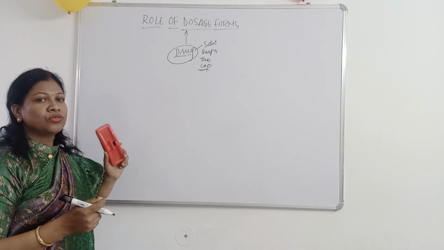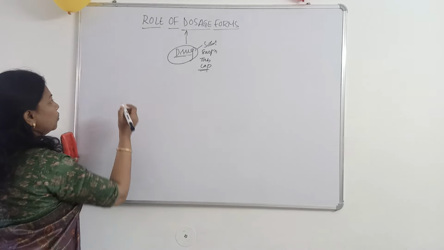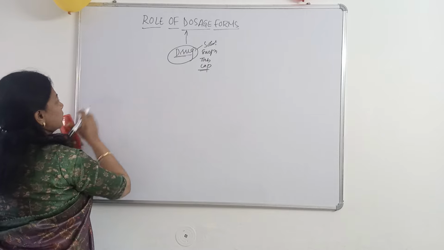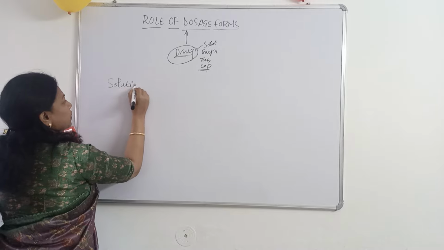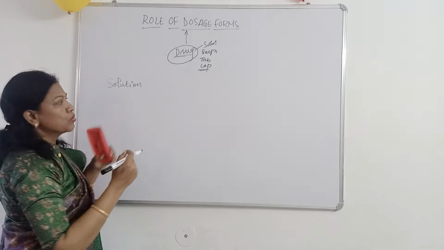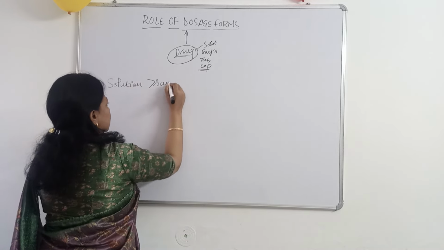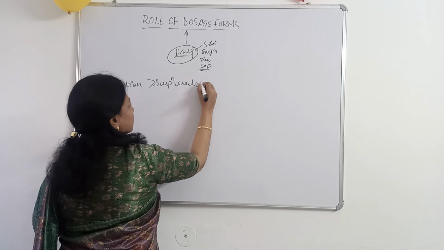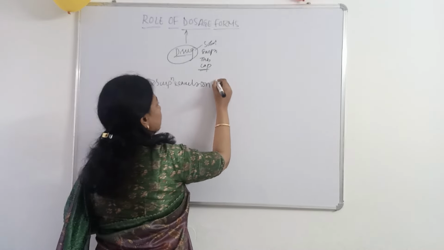Now how do dosage forms affect the oral drug absorption? The bioavailability is arranged in decreasing order in the case of dosage form. The maximum bioavailability will be achieved for the solution dosage form, then for suspension and emulsion. This is in the decreasing order of bioavailability or oral absorption.